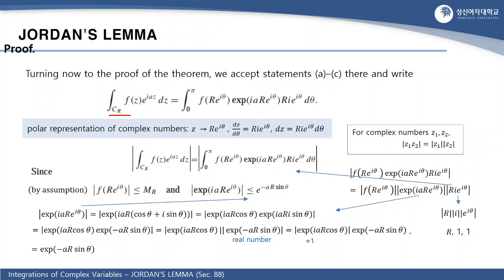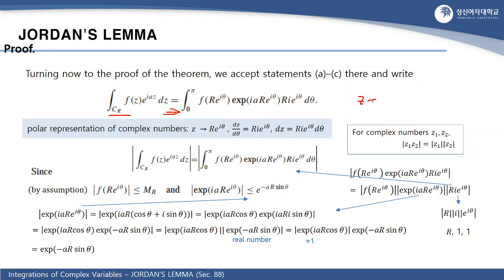And since we are integrating f of g over a semicircular arc, what we can do is convert this contour integral into an integral over an interval by using the polar representation of complex numbers.